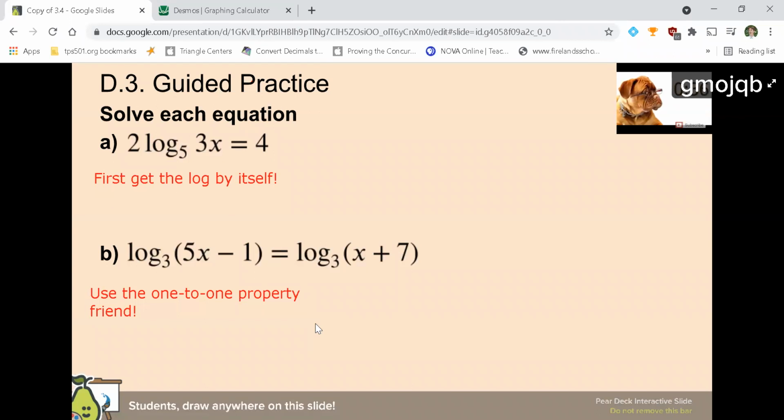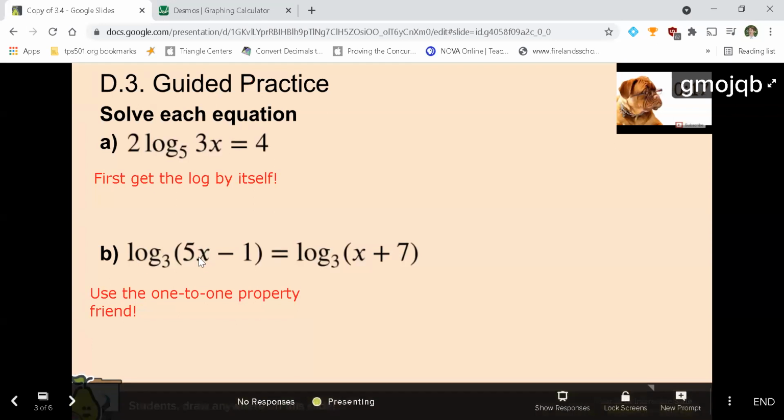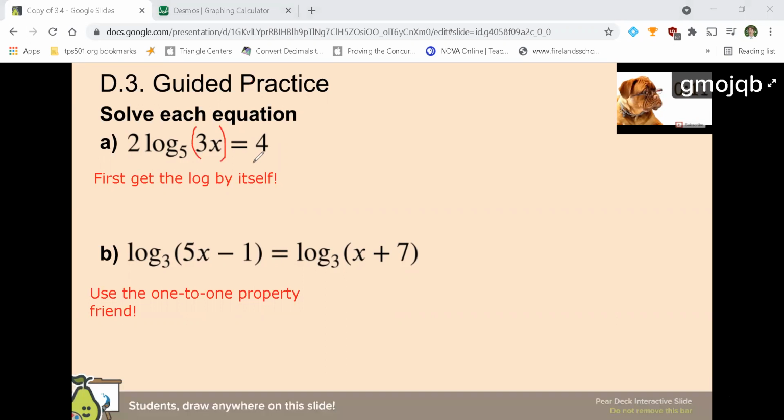Oh, you don't need to divide. You only need to divide that. Now 3 gets to stay because it's in it technically. Okay, technically speaking, there should be parentheses around it.